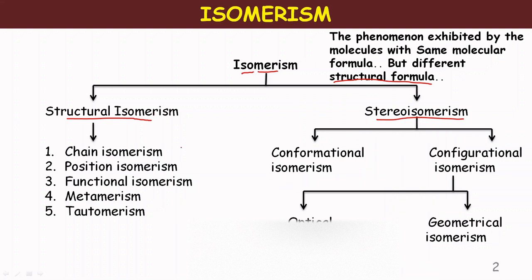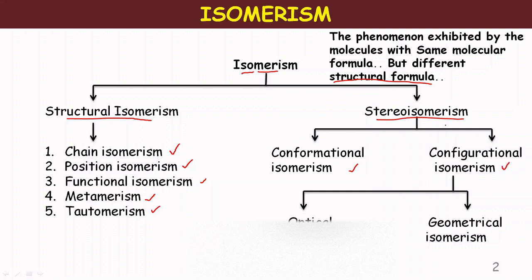Structural isomerism can be subdivided into 5 types. They are chain isomerism, position isomerism, functional isomerism, metamerism, and tautomerism. Similarly, stereoisomerism can be subdivided into configurational isomerism and conformational isomerism.